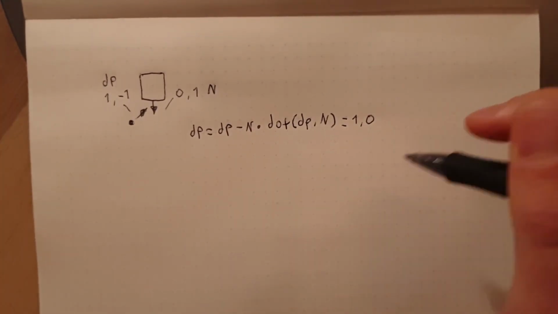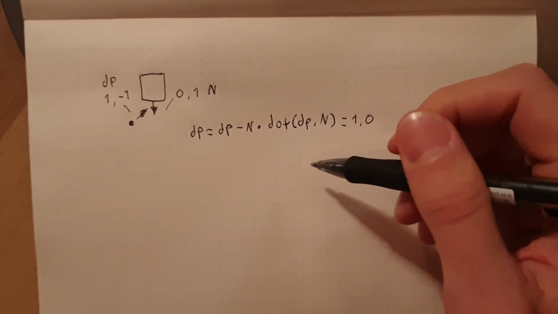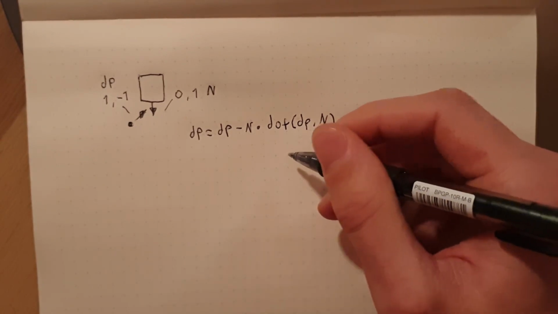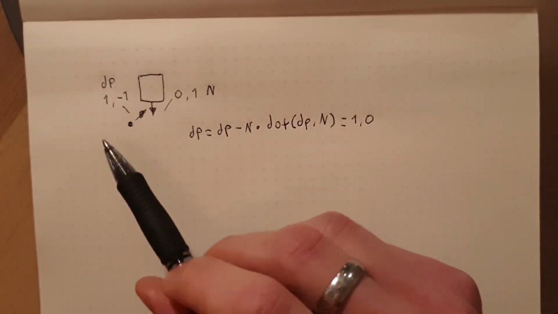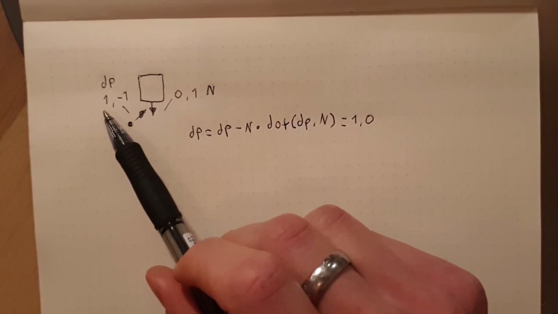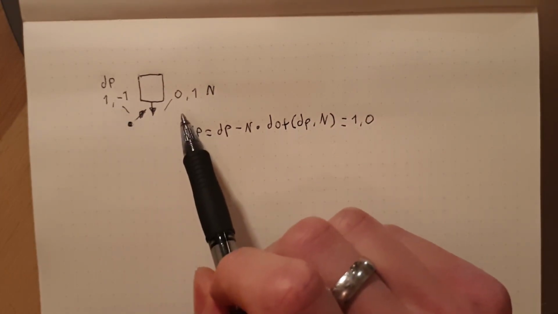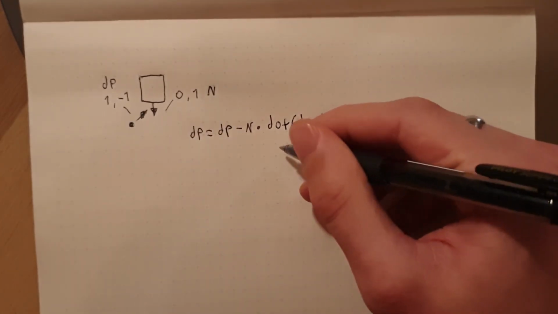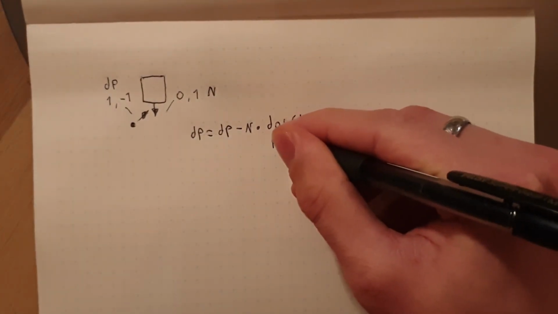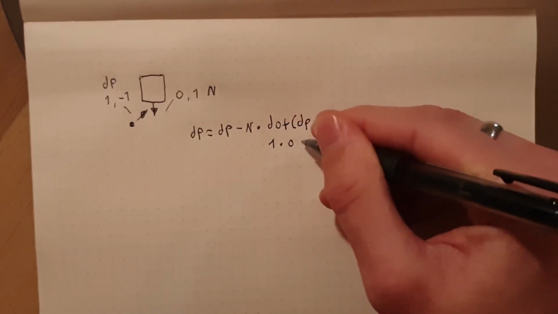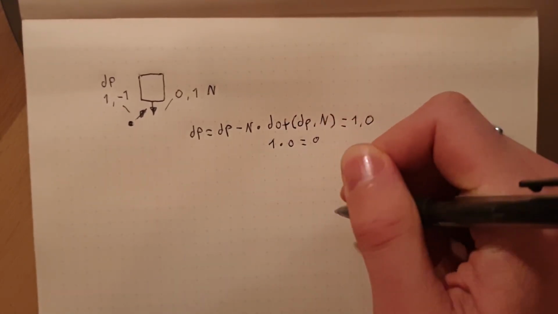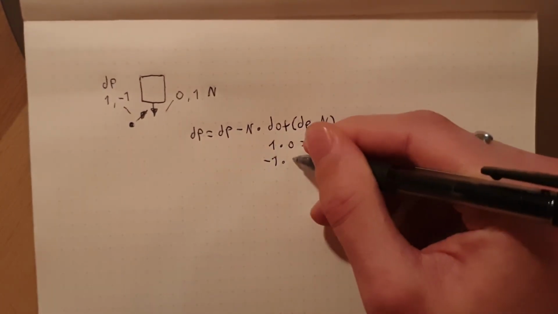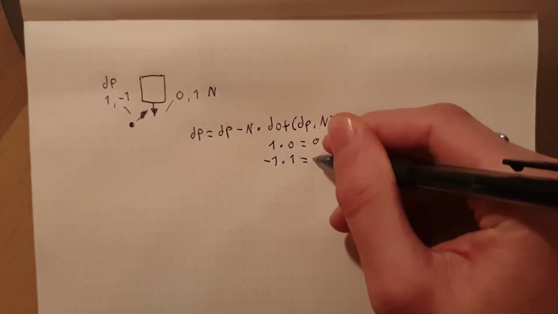So let's calculate this. Okay, let's start with the dot product here. We will first multiply the x-axis of our delta position with the x-axis of the normal, and then we'll do the same thing with the y-axis. So we have 1 times 0 is equal to 0, and then we have -1 times 1 is equal to -1.